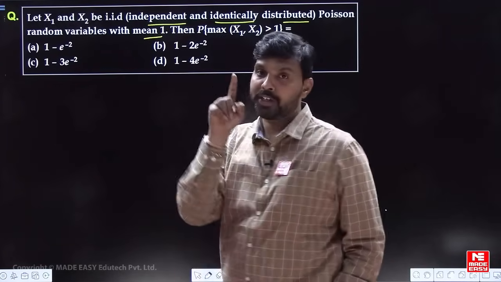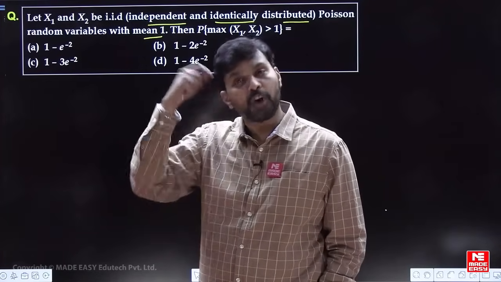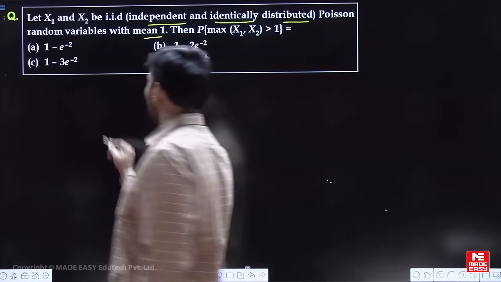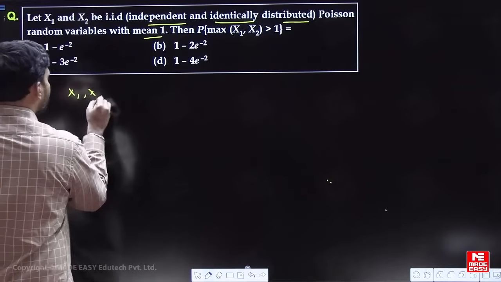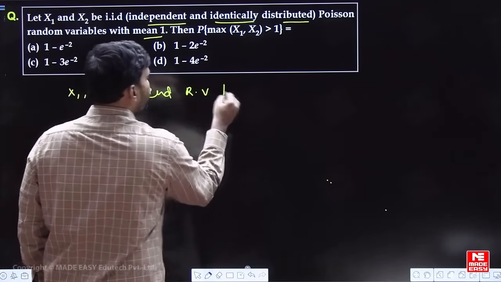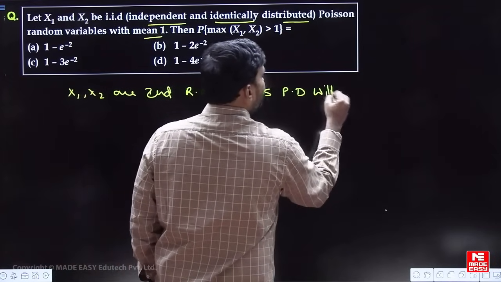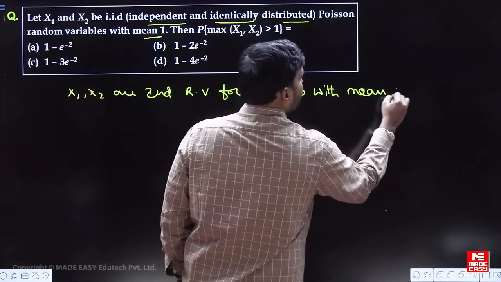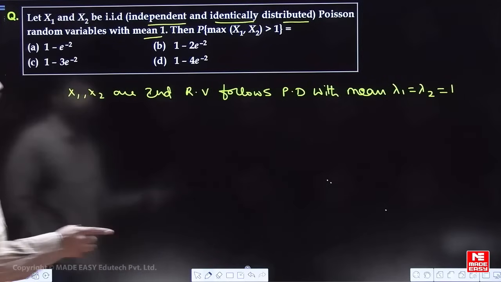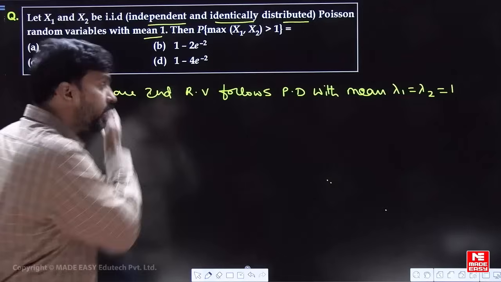That means x1 and x2 both follow a Poisson distribution with mean 1. So x1, x2 are independent random variables following a Poisson distribution with lambda 1 equal to lambda 2 equal to 1. Because they are identical, their mean values are also the same.